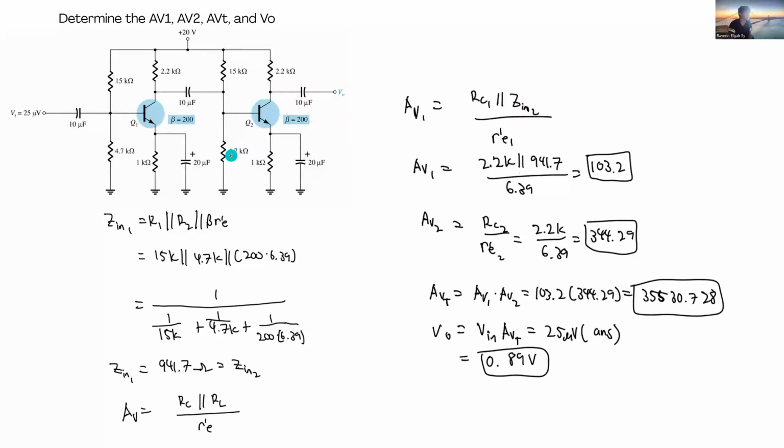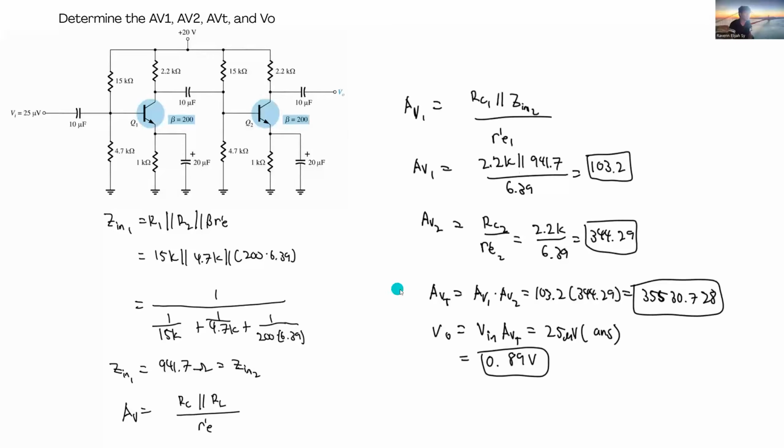Meaning, the output impedance of stage 1 will be cascaded with the input impedance of stage 2. Therefore, we will include the input impedance of stage 2 here. That's why there's a difference in the formula of AV1 and AV2.